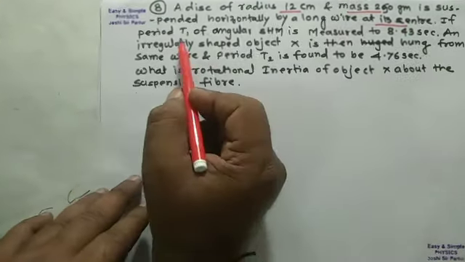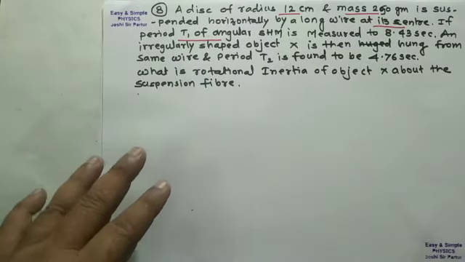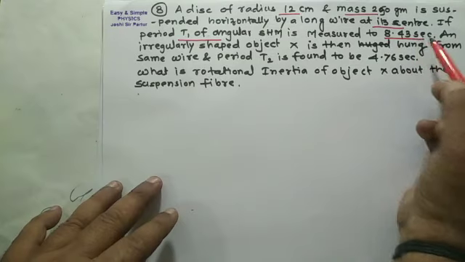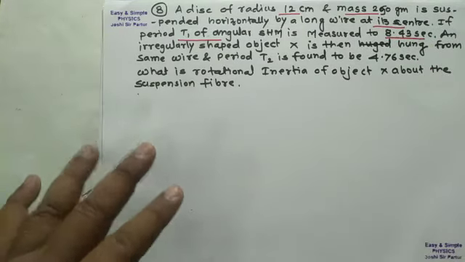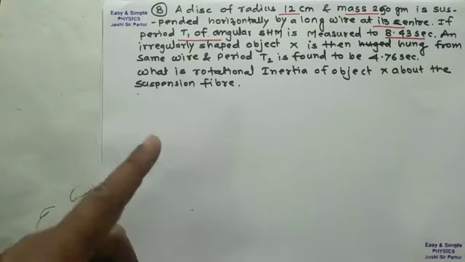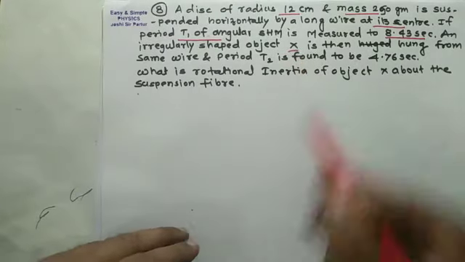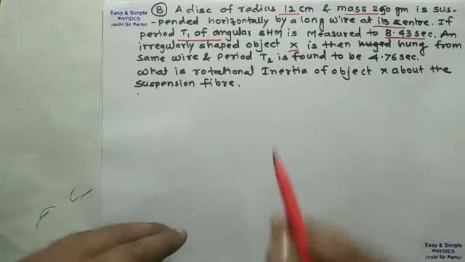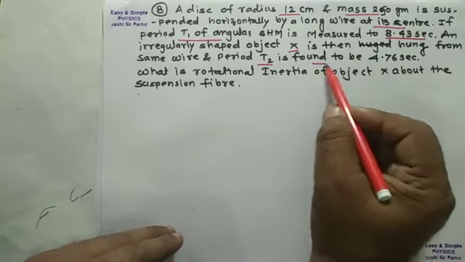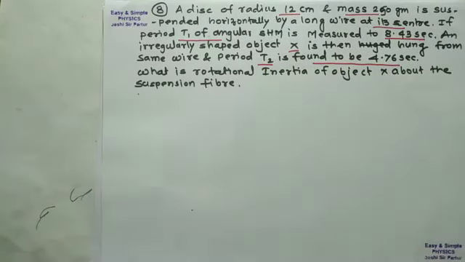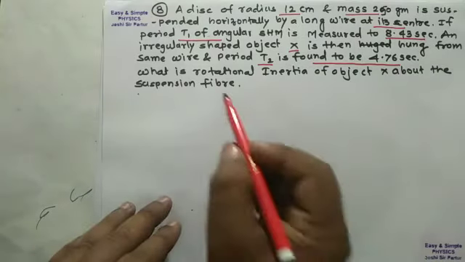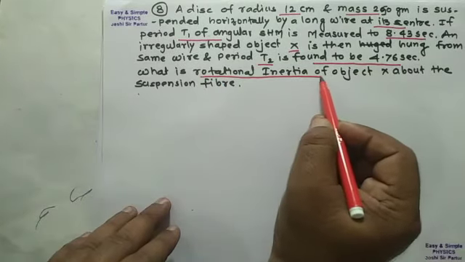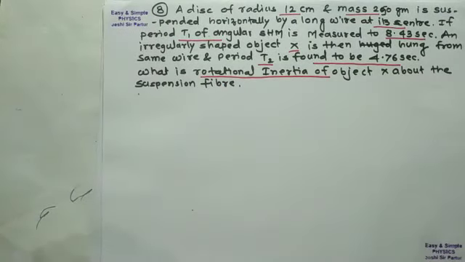The time period T1 of angular SHM is measured to be 8.43 second, and another irregularly shaped object named X is hung from the same wire. Its period T2 is found to be 4.76 second. What is the rotational inertia of object X about the suspension fiber?